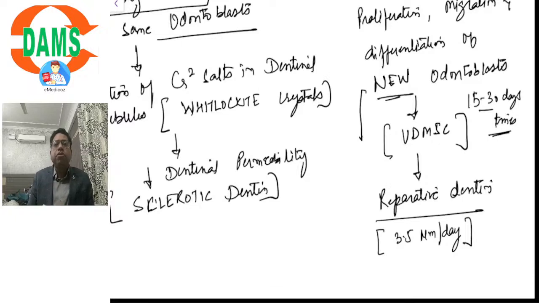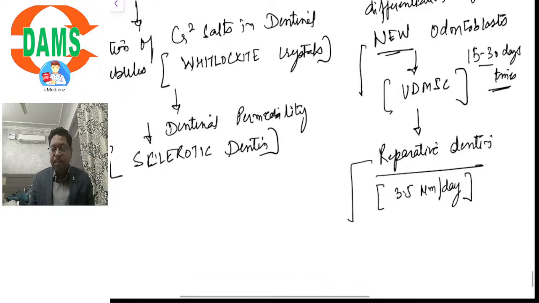So, in other words, how much time do we have to wait for the reparative dentine to be formed after initiation of a good material that is placed onto the pulp? It would be in the range of 30 days. So there would be a delay of nearly 1 month till the formation of reparative dentine starts after a severe stimulus is treated.